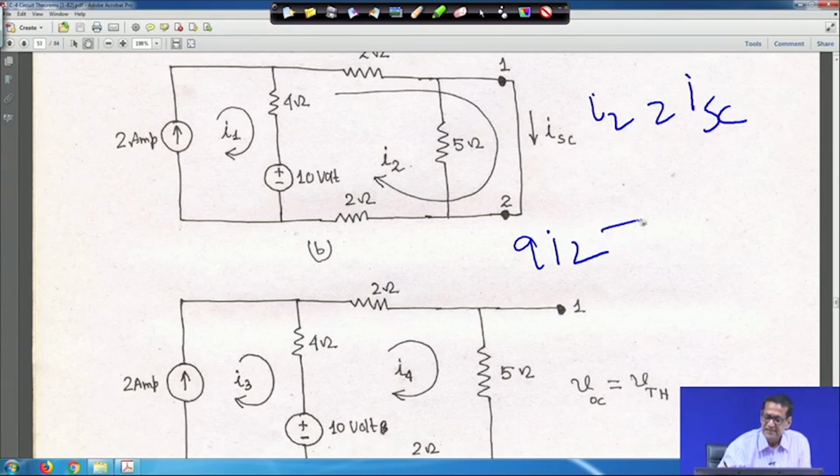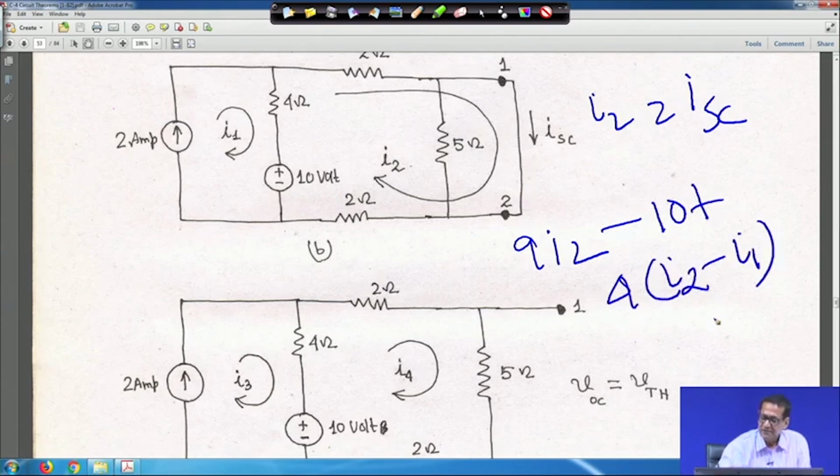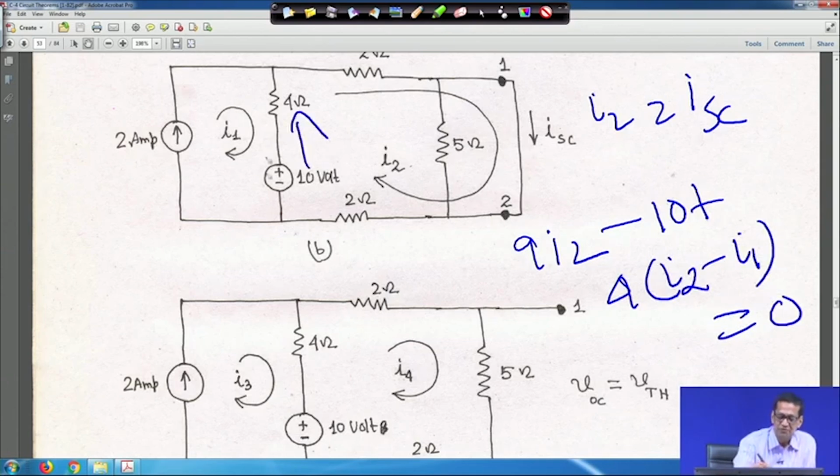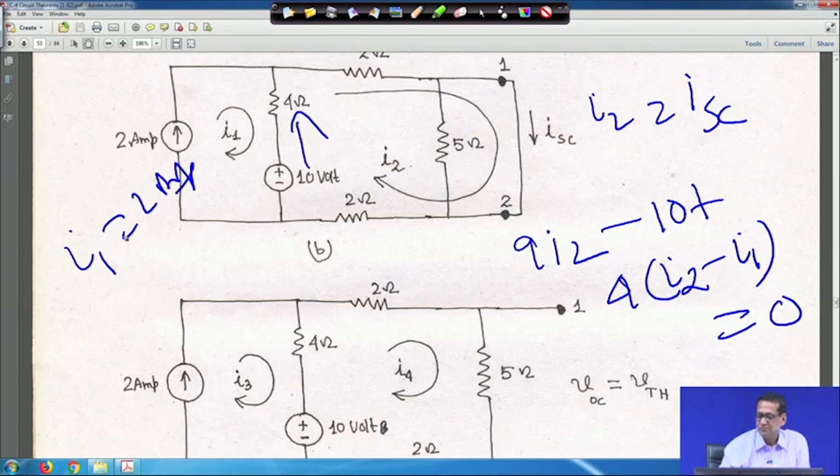Then minus 10, because encountering minus terminal to plus, then plus 4 into I2 minus I1 is equal to 0, because we are moving like this. So, 4 into I2 minus I1, and I told you earlier I1 is equal to 2 ampere. So, put I1 equal to 2 ampere, and then you solve for I2.